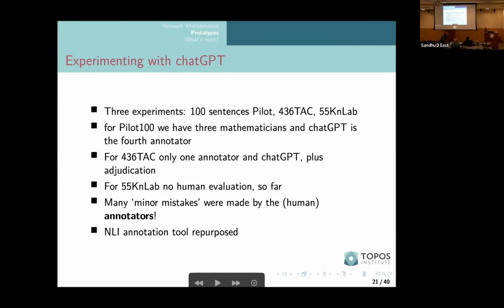Again, we try to do a small pilot set of 100 sentences, then a medium set, but even for 400 sentences, it becomes too hard to annotate the things manually.